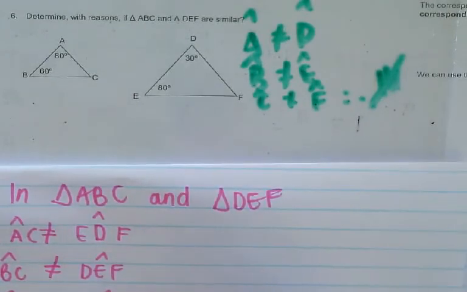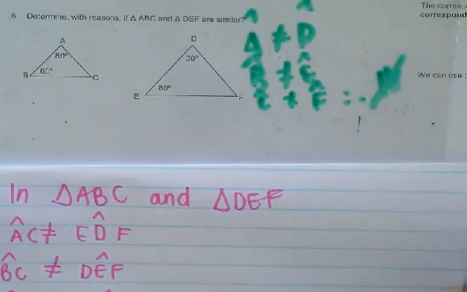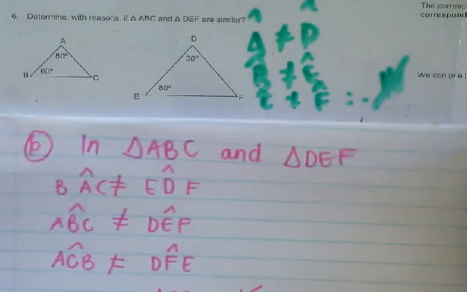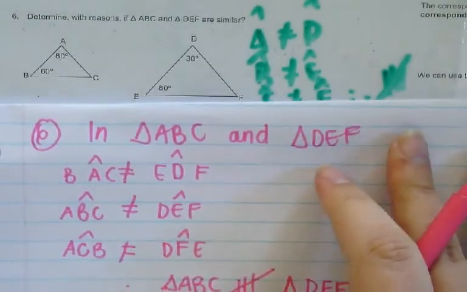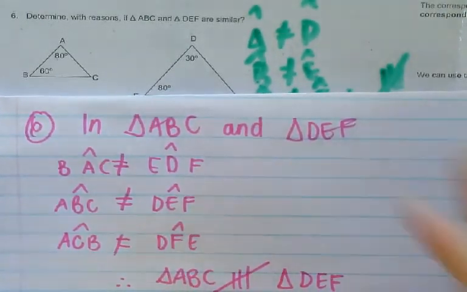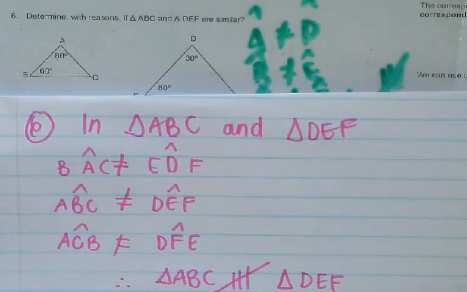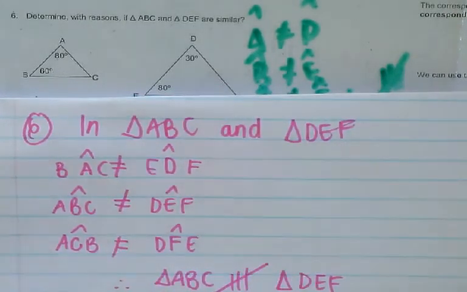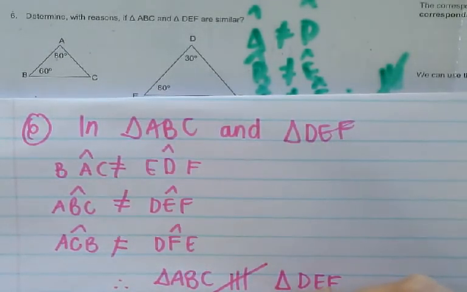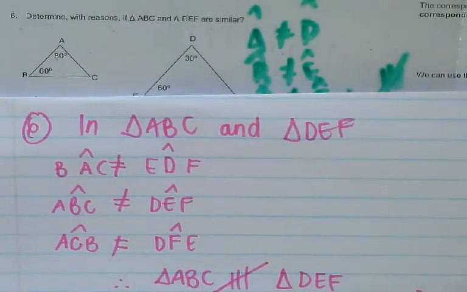Therefore, triangle ABC not similar to triangle DEF. So that is what it would look like. The fact that I am saying not equal is my reasons. And lastly, corresponding angles not equal is my final reason.